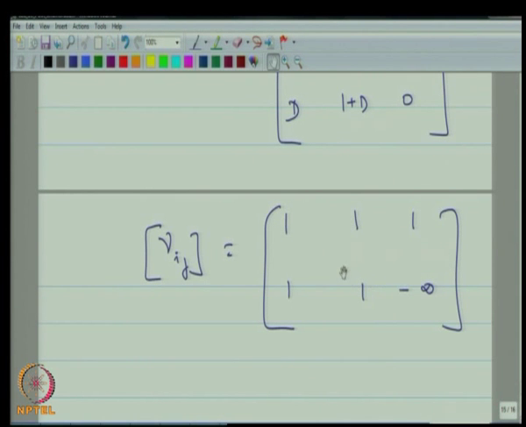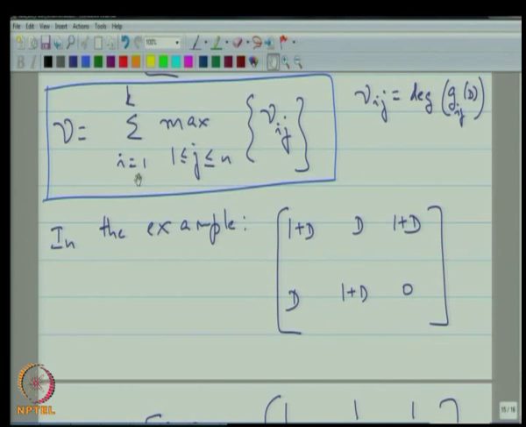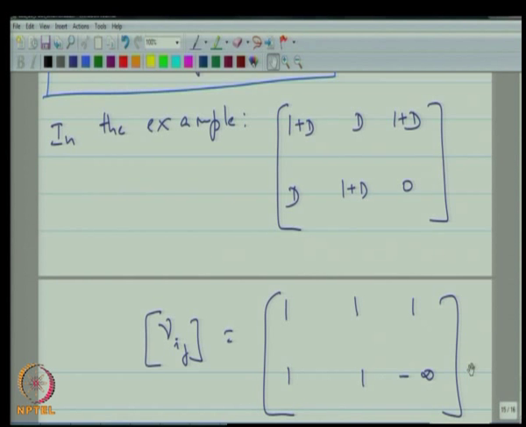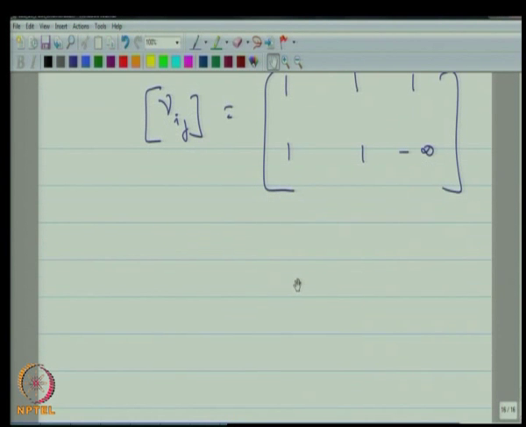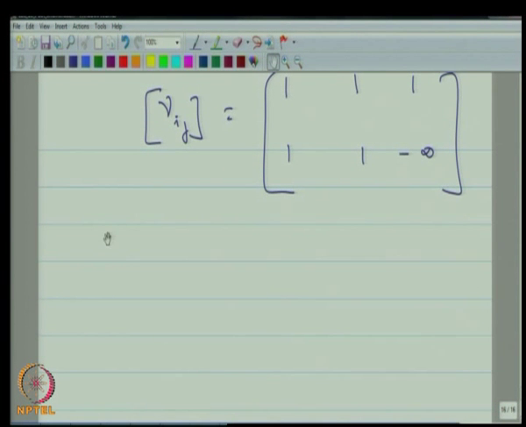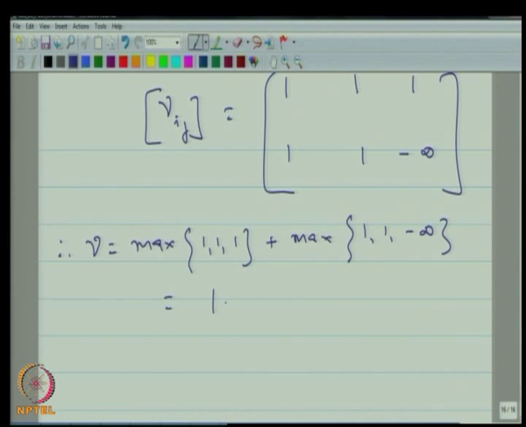So, this is the nu I j, and the total memory is nothing but you take the max in each row and add up the max. Therefore, in this case, nu is equal to max of 1 1 1 plus max of 1 1 minus infinity, which is 1 plus 1, which is 2.